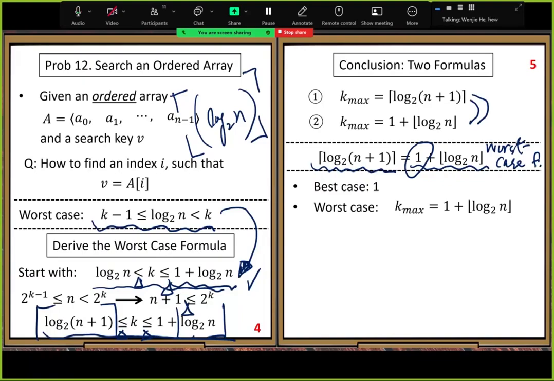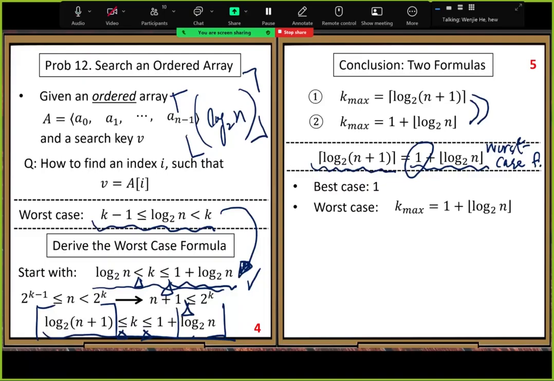The next question, what is the average case? Next question we need to answer. We need to know how to calculate the average case efficiency. Not that easy, right? But we need to know how to calculate it. So our next topic, we need to calculate the average case efficiency.